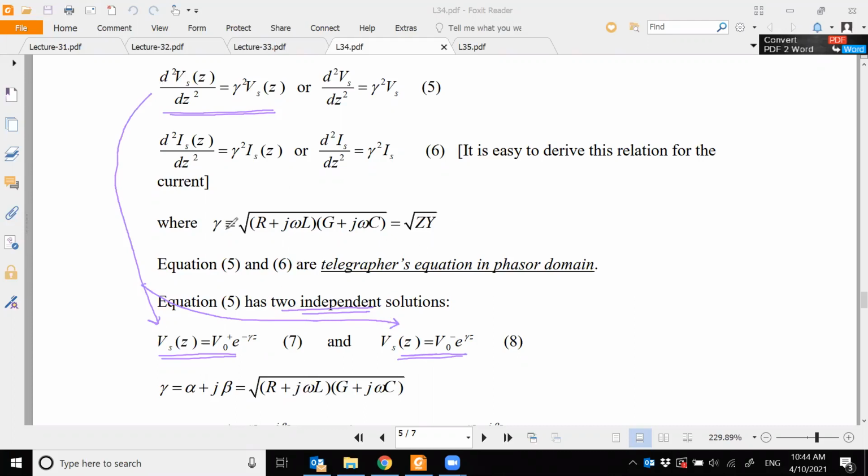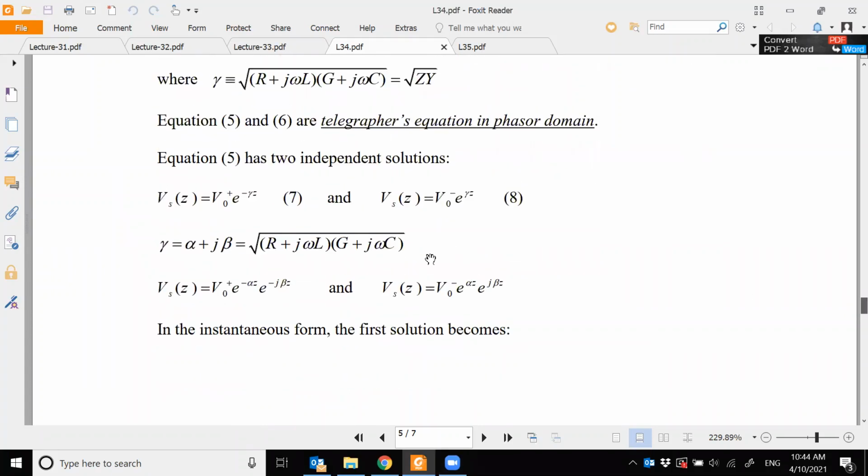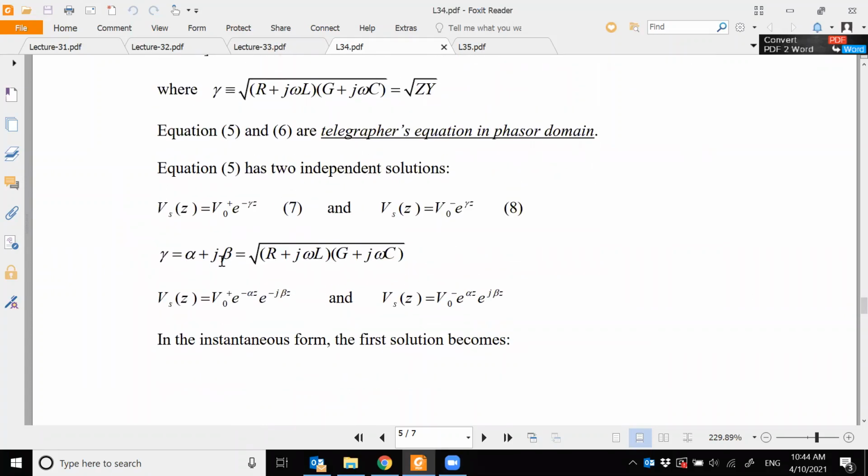Now what is this gamma? We use this gamma, and it's not a coincidence. Specifically, we named this as gamma because, if you look at it from the circuit theory point of view, this gamma is nothing but alpha plus j beta, which is the root of this. The real part will be alpha and the imaginary part will be beta.